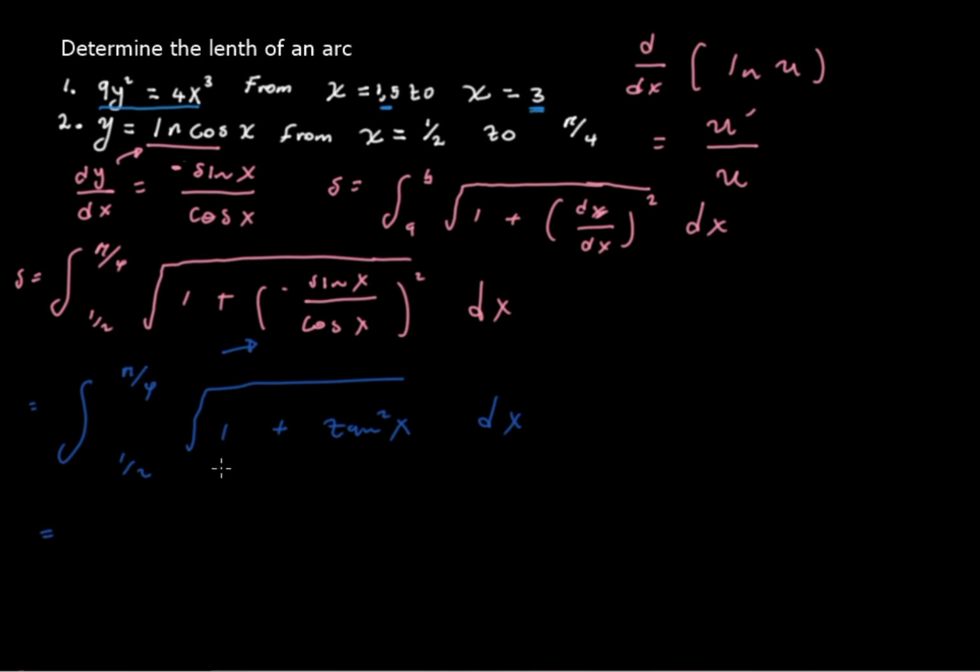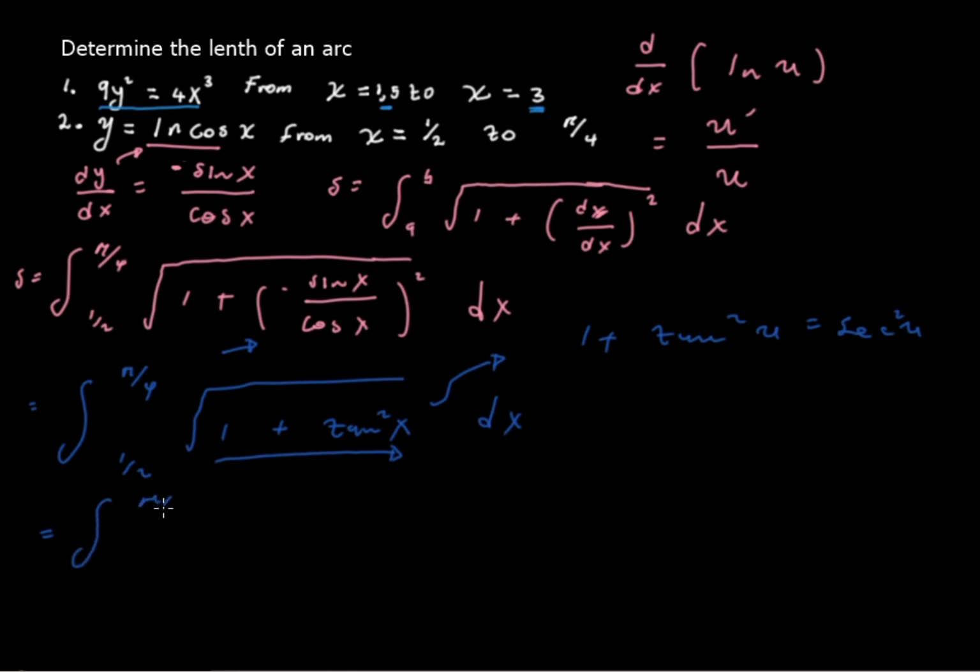Before you can integrate this, you have to simplify it first. From the identity, you know that 1 plus tan squared of u equals secant squared u, just like that.